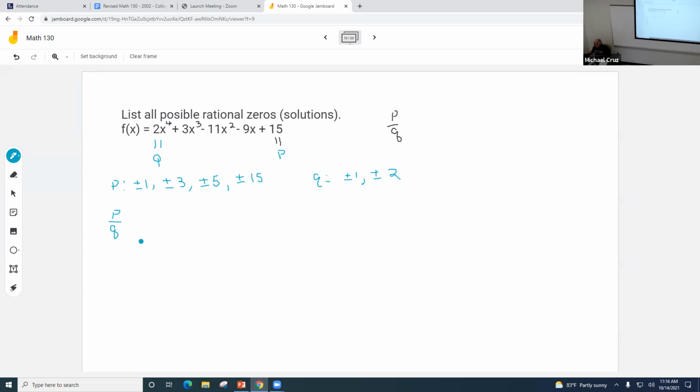Plus or minus 1, plus or minus 3, plus or minus 5, and we're getting these by simply putting these values over these. So 1 over 1 is still plus or minus 1. 3 over 1 is still plus or minus 3. 5 over 1 is still plus or minus 5. And then same thing with 15.